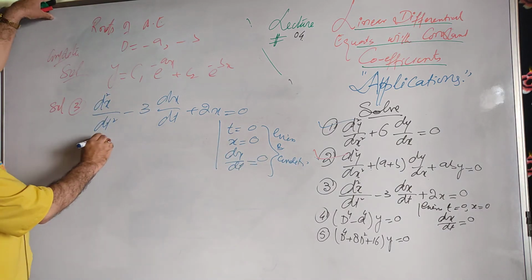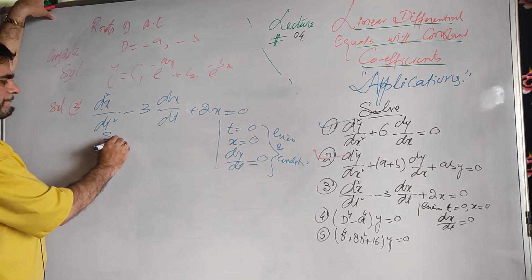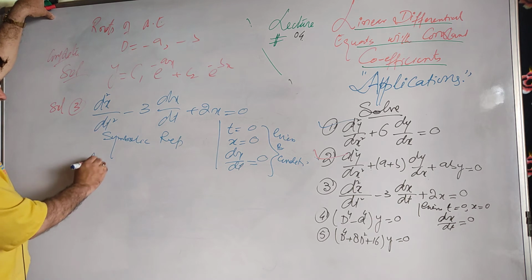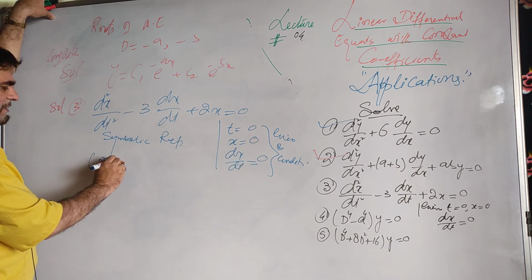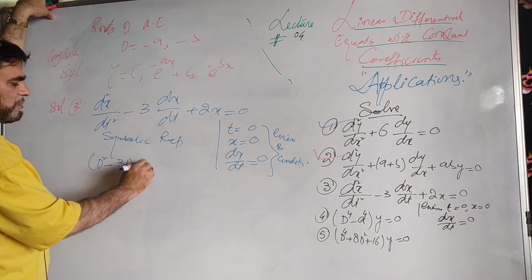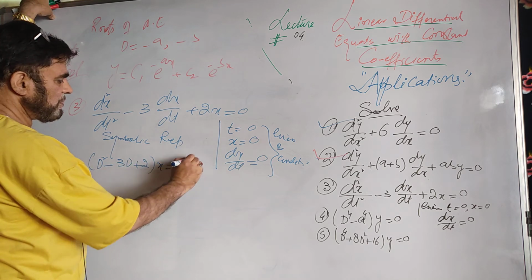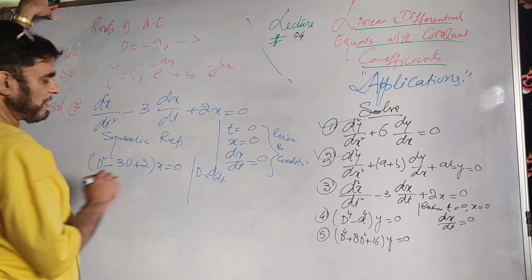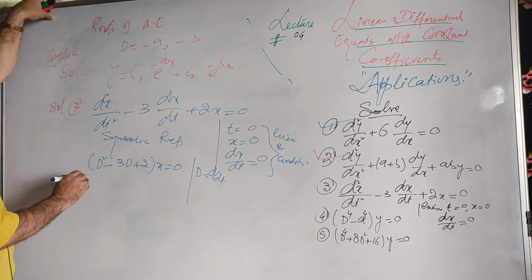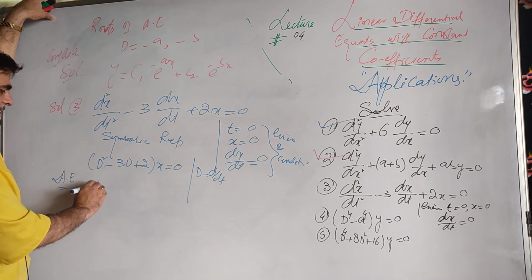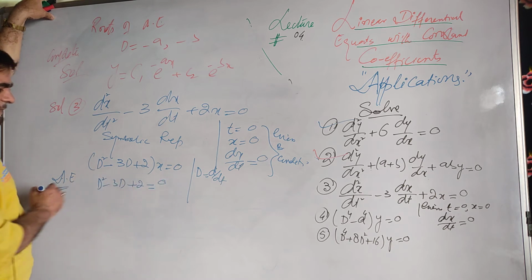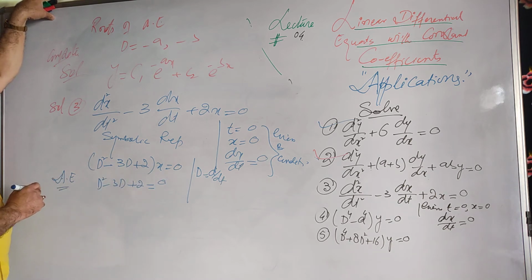Now you will write the symbolic representation. The symbolic representation of this problem is (D² - 3D + 2)x = 0, where D is d/dt. Remember this. Then you will write the auxiliary equation: D² - 3D + 2 = 0.